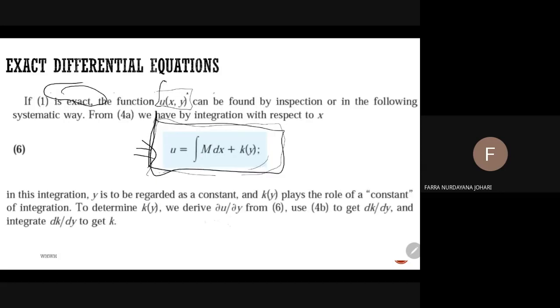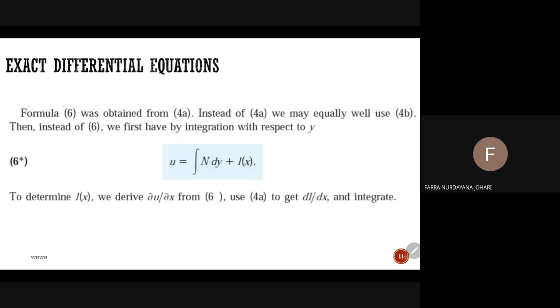As you can see here, we have M dx. There are two ways to solve the differential equation. It can be u equals the integration of M dx plus k(y), or the other one, u equals the integration of N dy plus i(x). The k(y) and i(x), I think some of you will wonder what these are, but don't worry. We will go by the flow, and when you go through step by step, all will be fine. So you can choose either this equation or this equation.